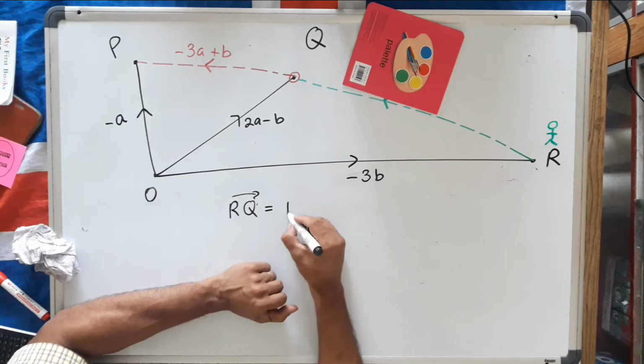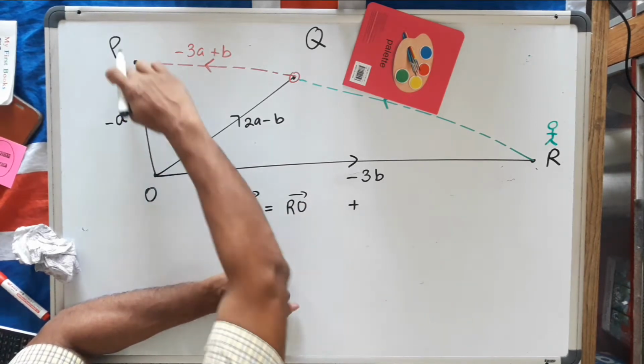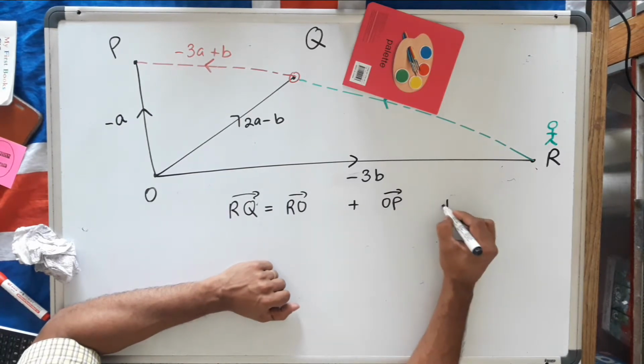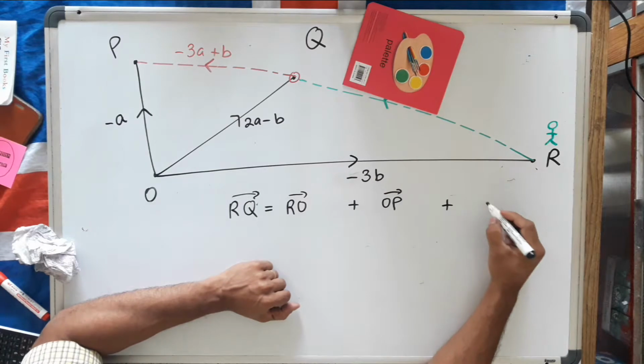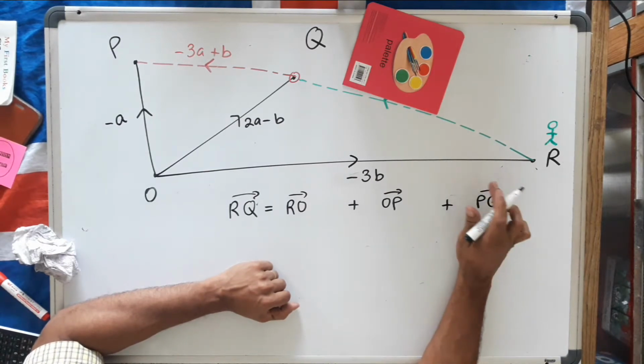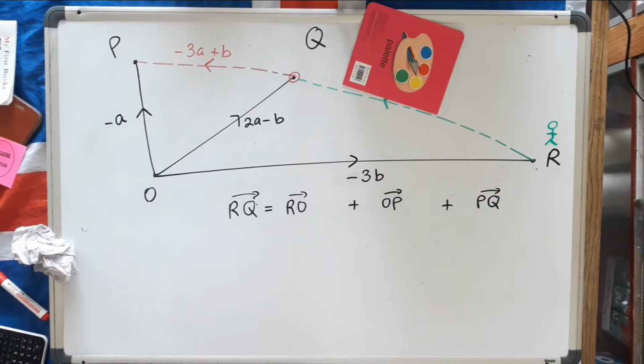So let's play along with their game. R to O, then O to P, not a problem, that's what they want to do, and then P to Q. They probably have a lot of extra energy and decide to do some extra, they're probably exercising, who knows. Let's use 3 different colors.